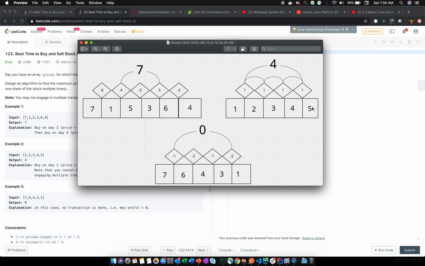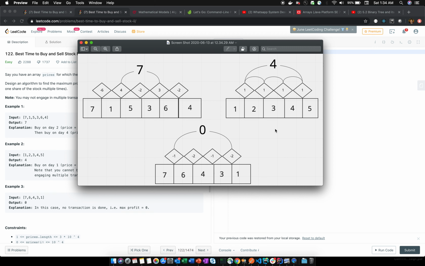But to figure that out is difficult, so I took the approach of doing kind of daily trading. I might end up getting the same result, because if you take a look, 5 minus 1 is 4, and this is also 1 plus 1 plus 1 plus 1, which is 4.